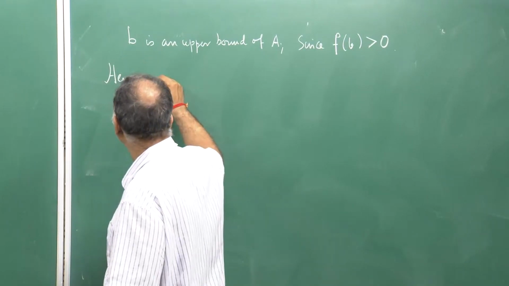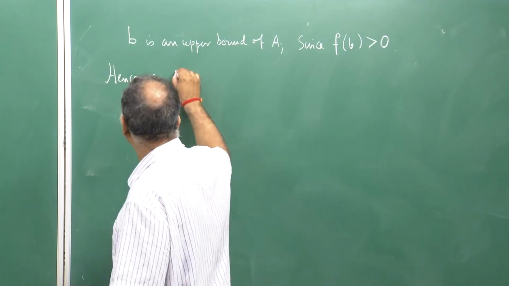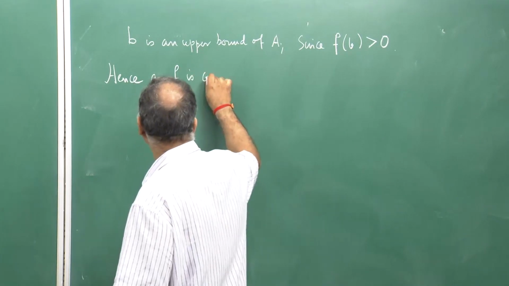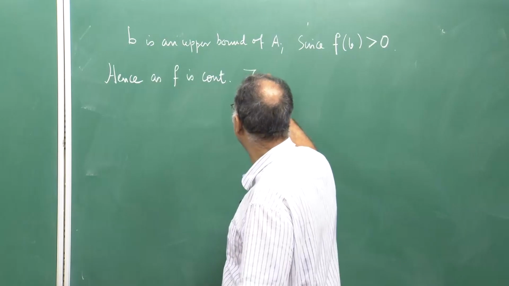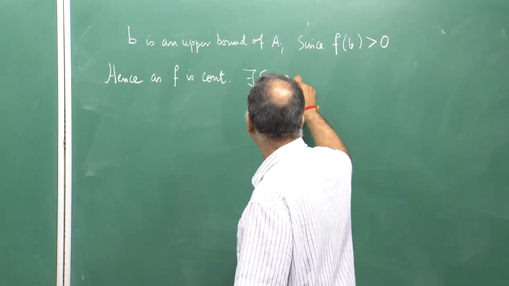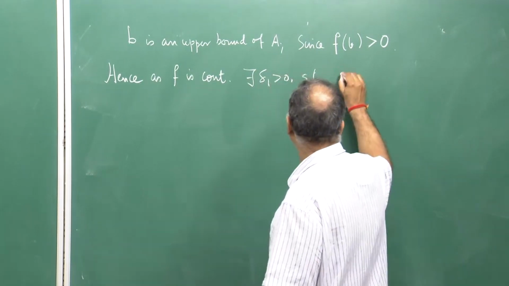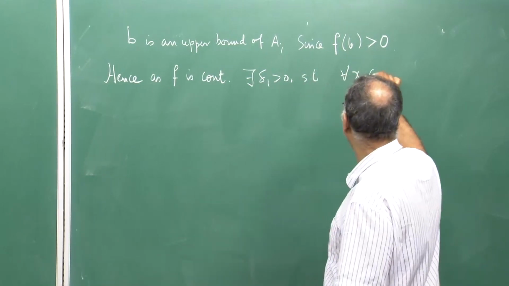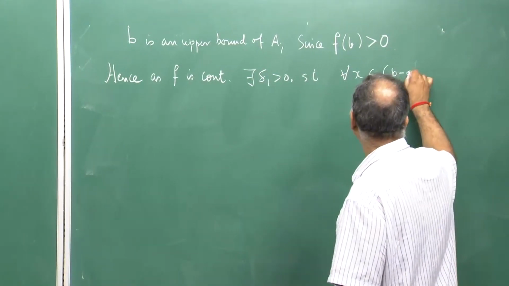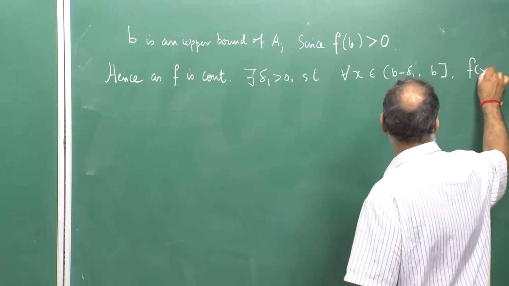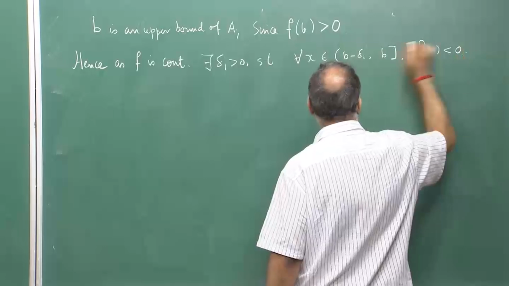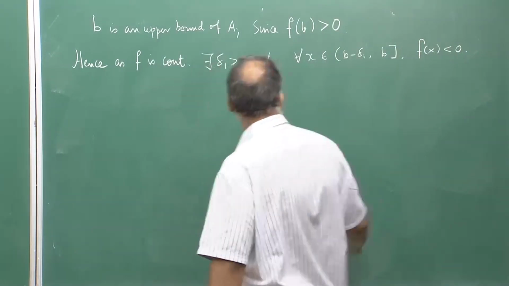So b is an upper bound, but since f is continuous, there exists delta 1 greater than 0 such that for all x in (b minus delta 1, b), f of x must be strictly greater than 0.